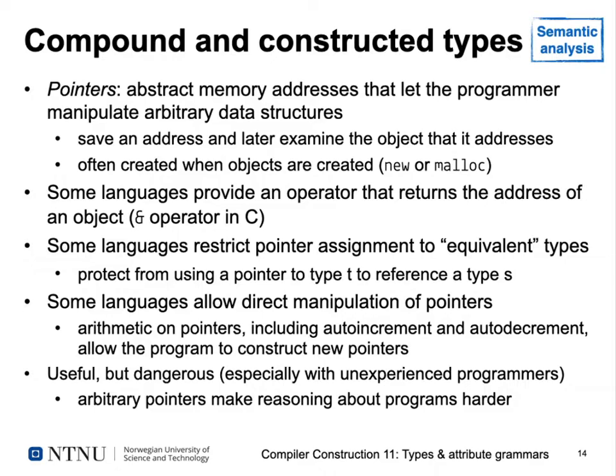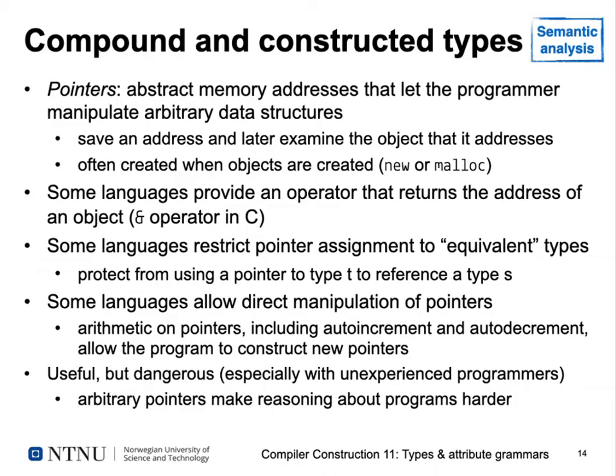But some languages are more strict here, so they protect from using a pointer to a type T as a reference to another type S. Some languages allow direct manipulation of pointers, so C, for example, allows arithmetic on pointers, so you can do pointer plus 4, whatever.